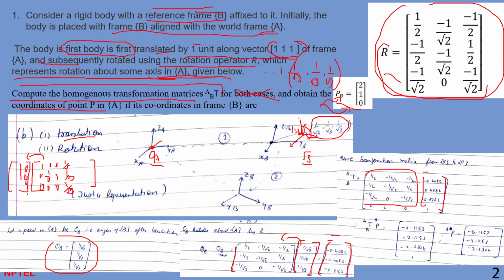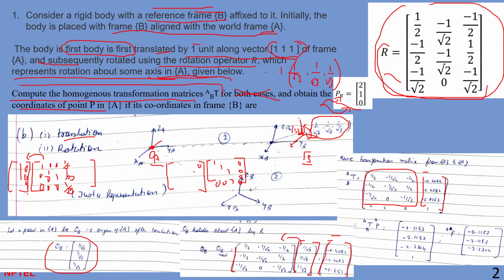Okay, so I repeat again. You can do this in two ways. Instead of doing this, you should multiply all these things. Since in the first operation there is no translation, write a transformation matrix with 1 1 1 and 0 0 0, and in the second you need to pre-multiply with rotation also.